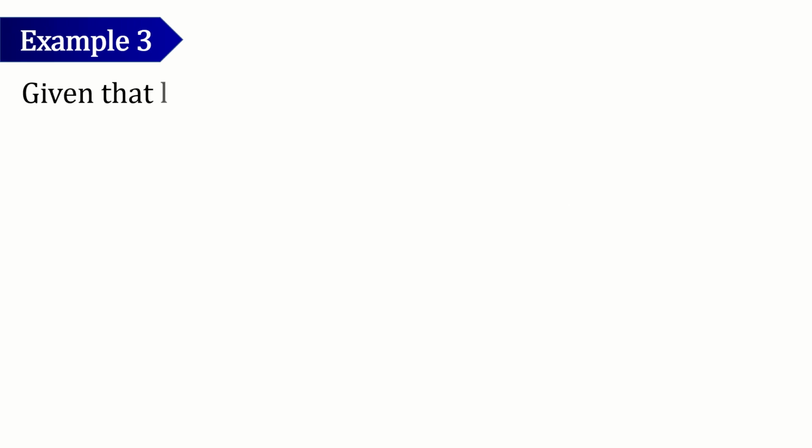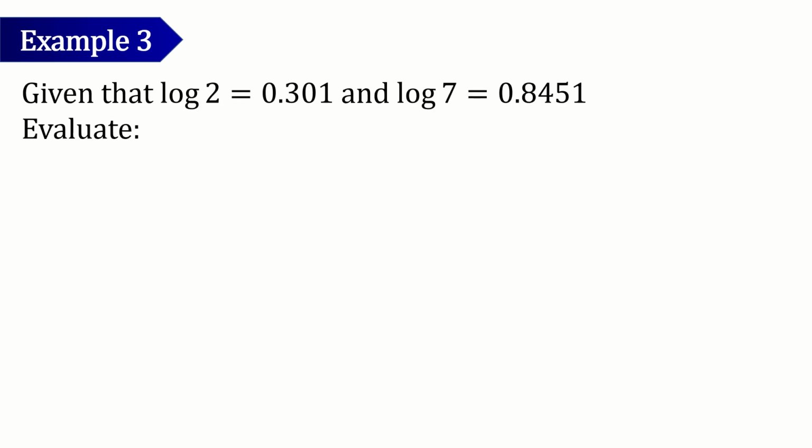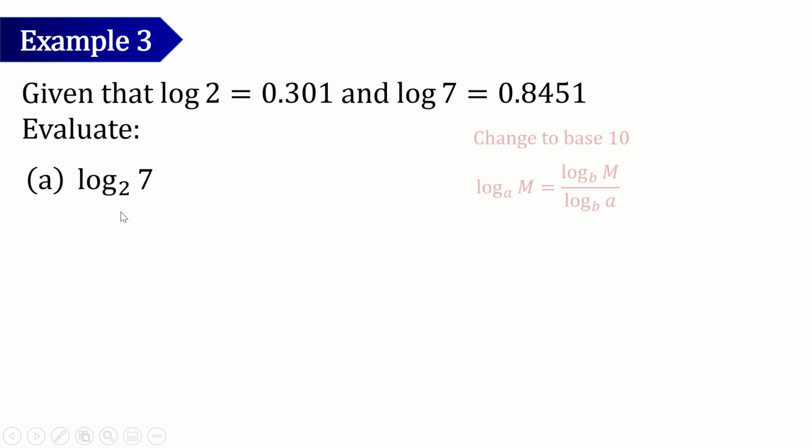Example 3. Given that log 2 is 0.301 and log 7 is 0.8451, evaluate the first one: log 7 base 2. What is given here is the common log, which is in base 10. So we need to change this logarithm into base 10.